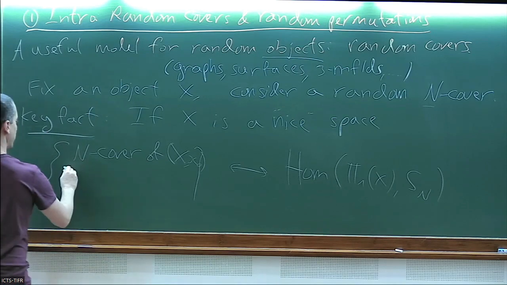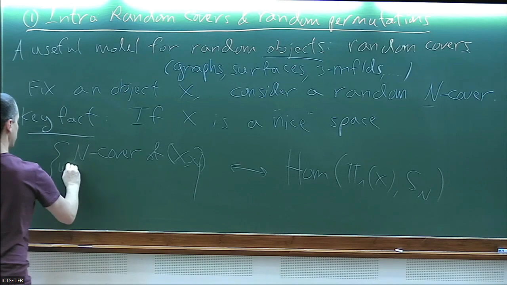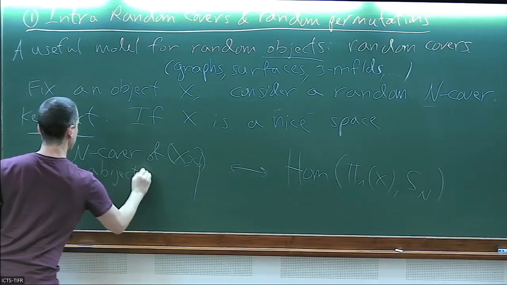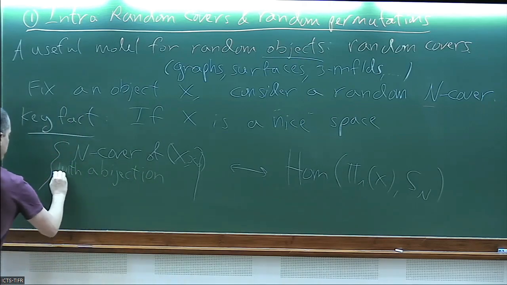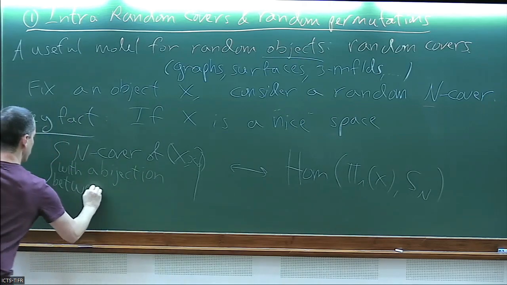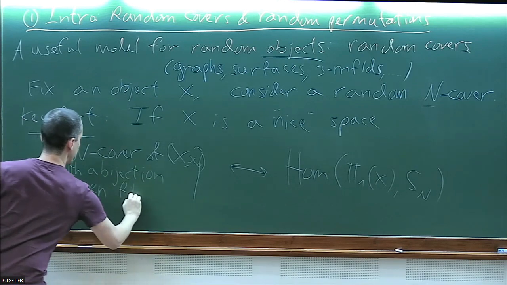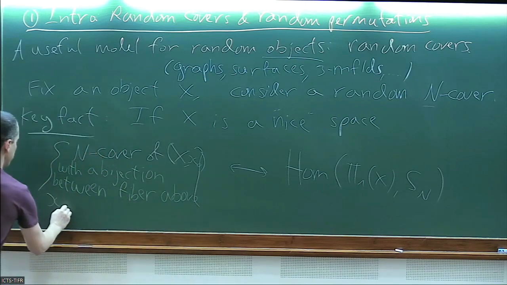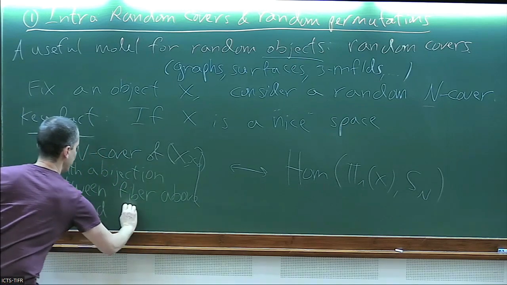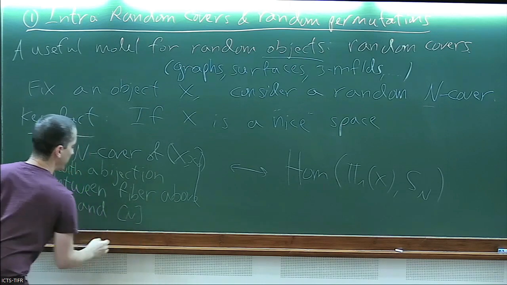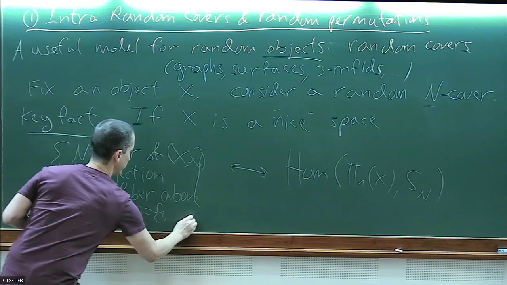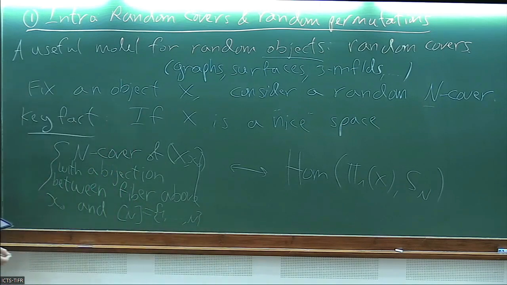So with a bijection between the fiber above x naught and the numbers 1 to n. When I write n in brackets, this is just 1 to n. Okay, so let's explain this correspondence, this one-to-one bijection.